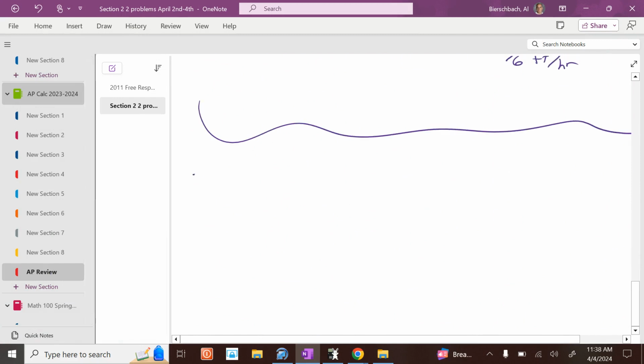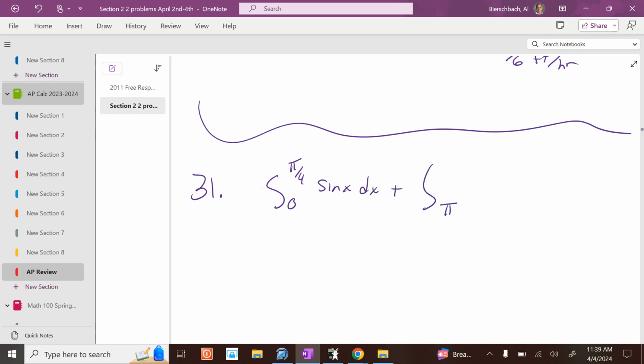Okay, so 31. Let's look at that. You have the integral from 0 to pi over 4 of sine x dx plus the integral from negative pi over 4 to 0 of cosine x dx, and we are wondering what that equals.